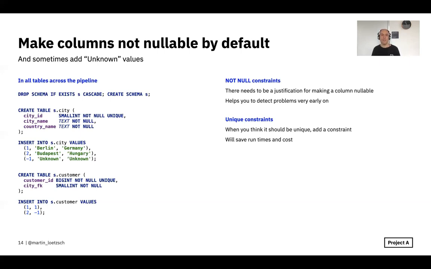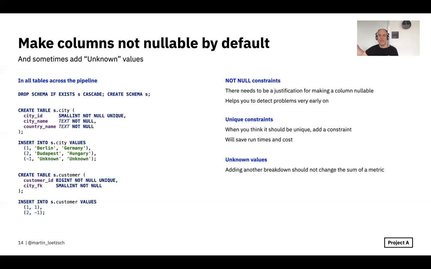And so things become slow in databases like Postgres, or very expensive in databases like Snowflake. Just adding unique constraints also on these intermediate temporary tables will save you time, runtimes and Snowflake costs.